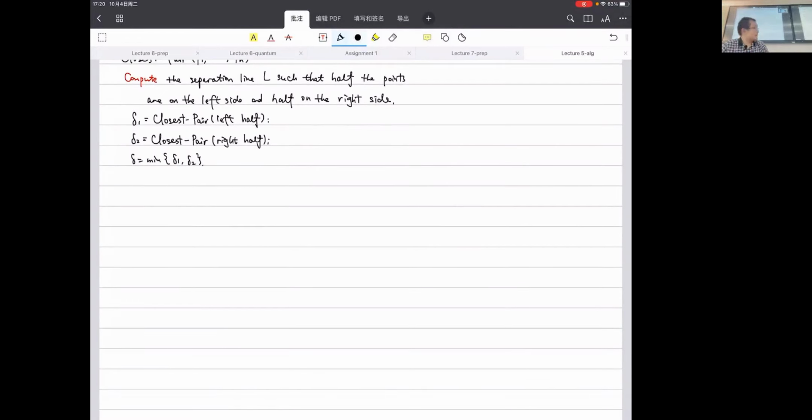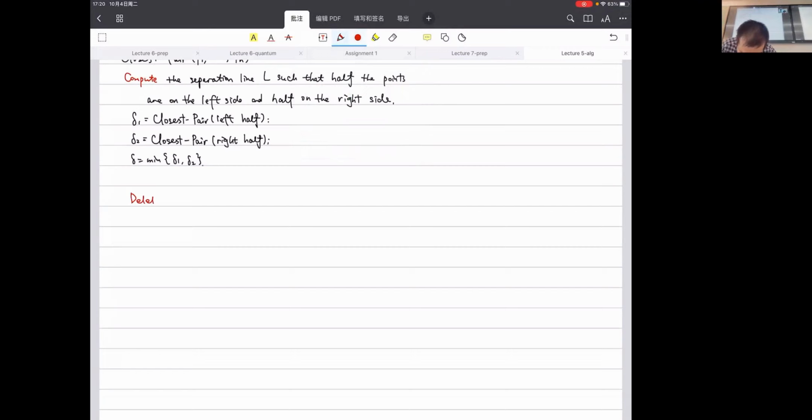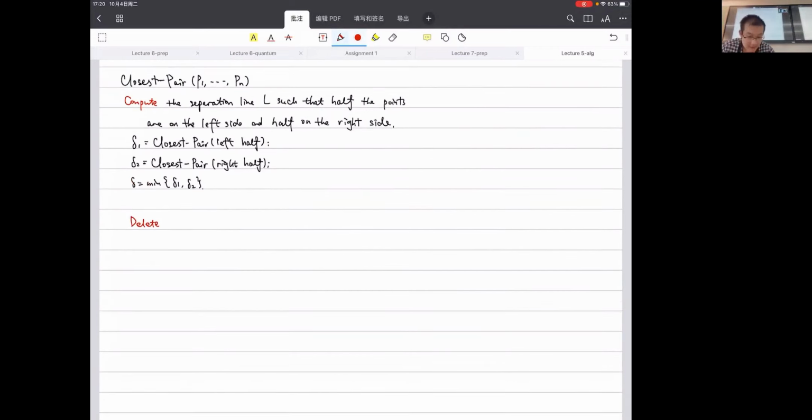So the remaining part is basically the merge, the combine. So we need to delete all points further than delta from L. And then we sort the remaining points by y coordinate.